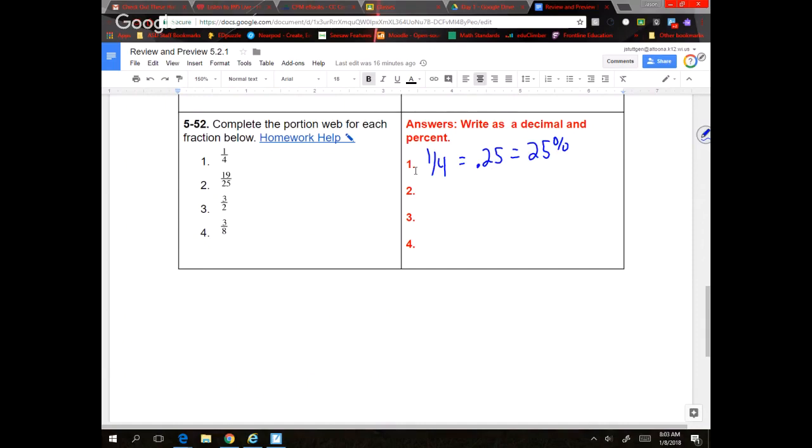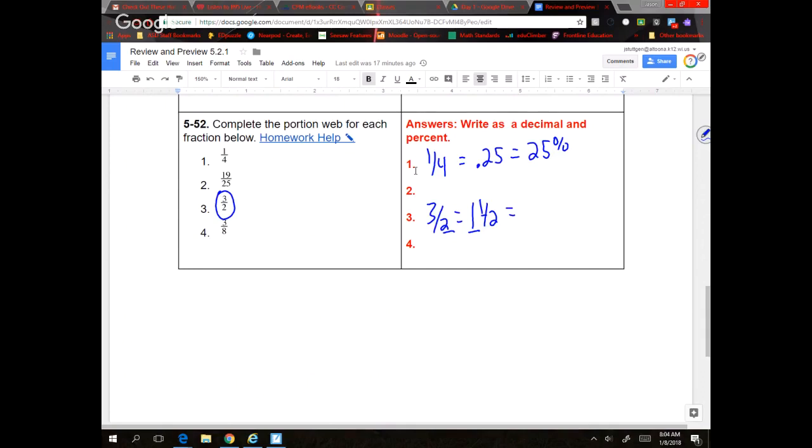The other one I want to do is number 3. And if you notice, special fraction, improper fraction, the numerator is larger than the denominator. So 3/2 I want to rewrite first as 1 1/2. If you're not sure how to do that, again, remember that is converting an improper to a mixed. I have to figure out how many times 2 goes into the 3. 2 goes into 3 one whole time with 1 left over. 1 1/2.